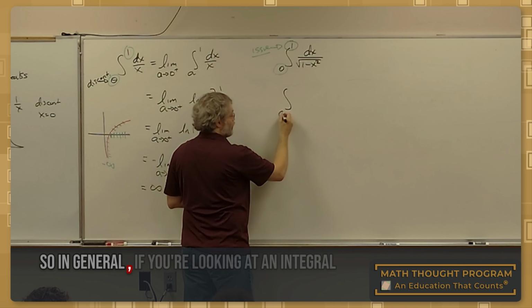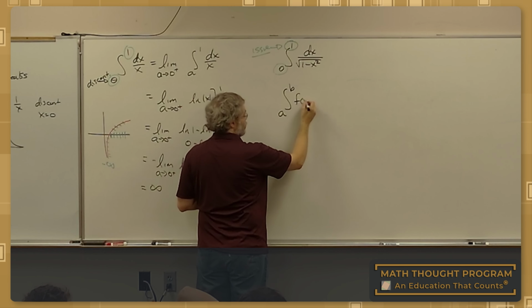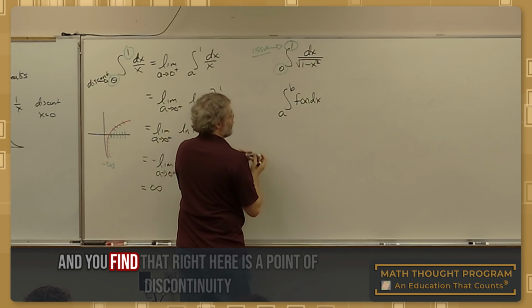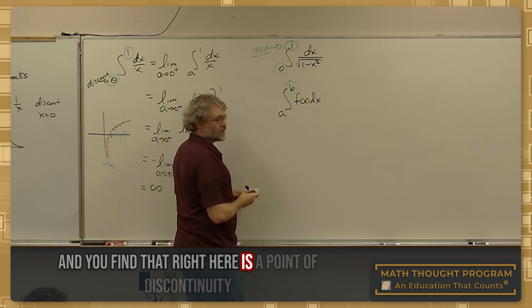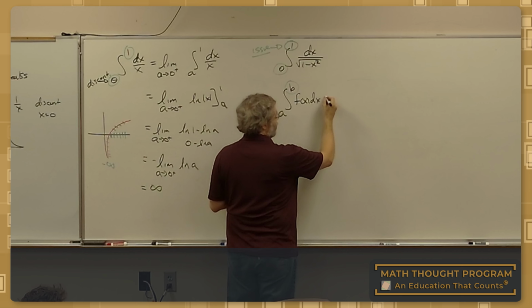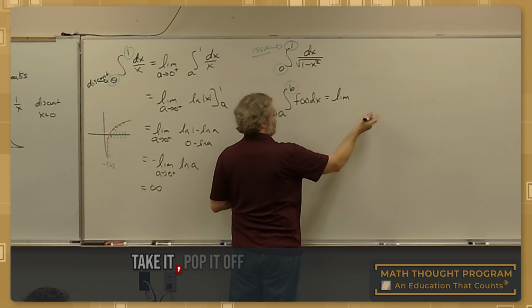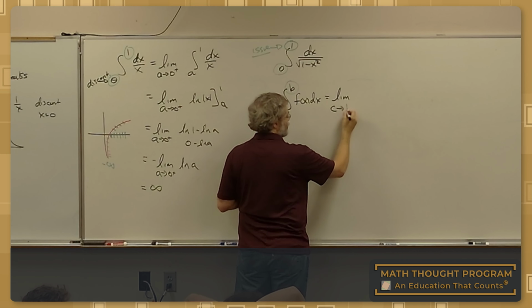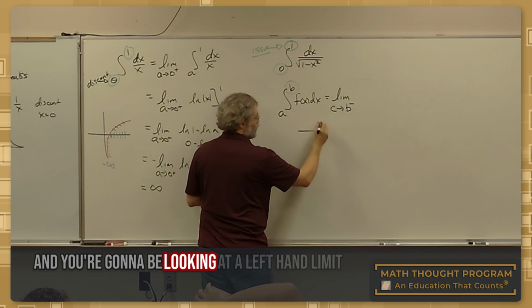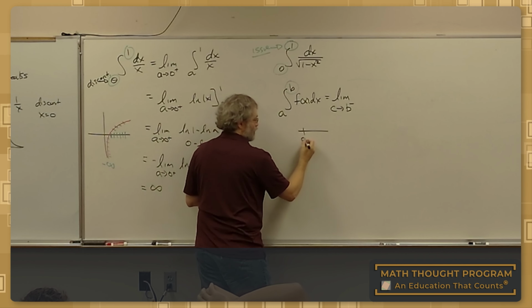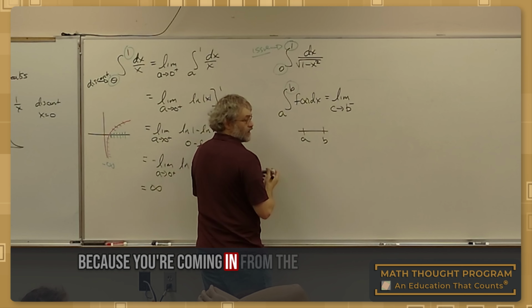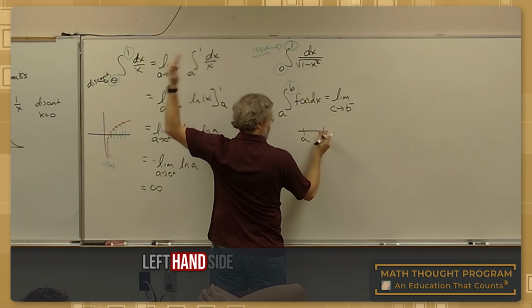So in general, if you're looking at an integral and you find that right here is a point of discontinuity, take it, pop it off, and you're going to be looking at a left-hand limit because you're coming in from the left-hand side.